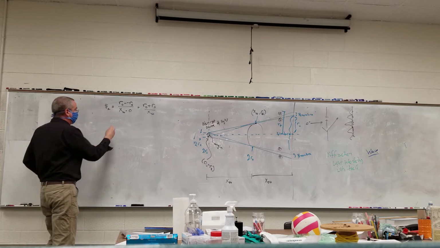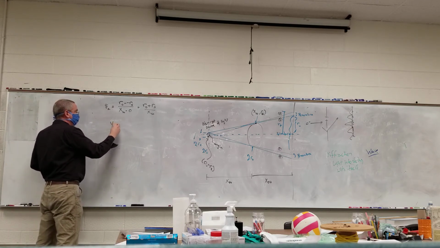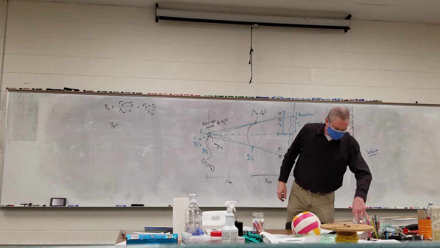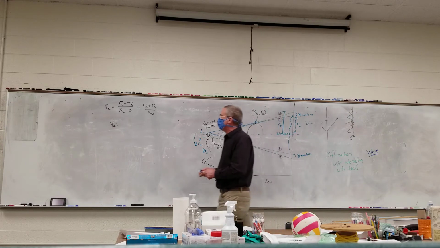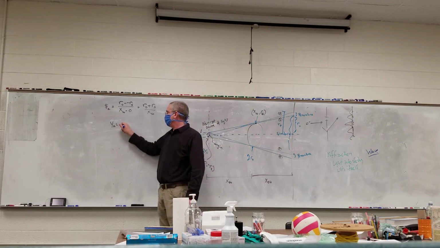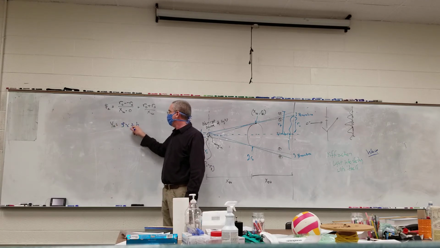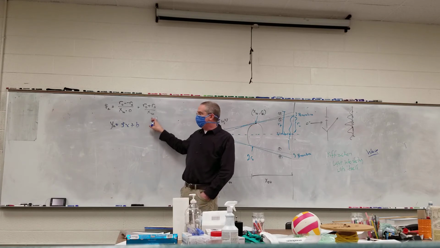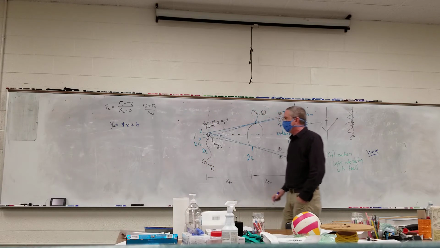Therefore, the equation of my line is y equals slope x plus b, slope-intercept form. I know my slope now. What's my intercept?